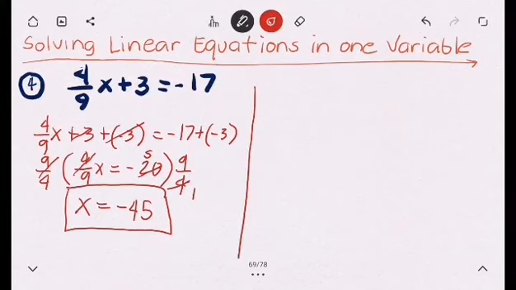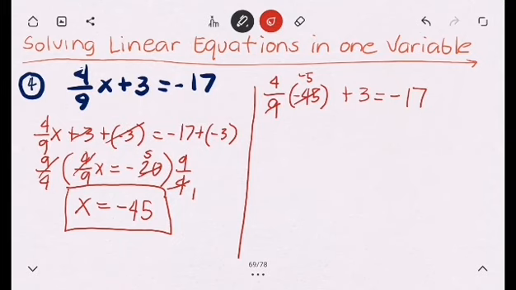Okay, so last step natin is to verify if yung ating sagot is tama by simply substituting the obtained value, or the solution from the equation. So substitute natin directly dito sa ating original equation. So when we simplify this, this is equal to negative 5.